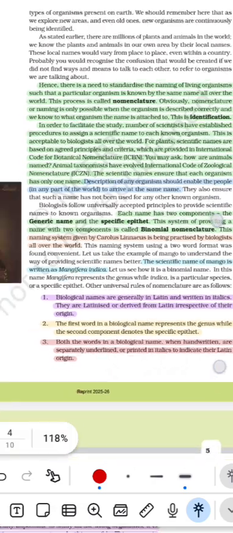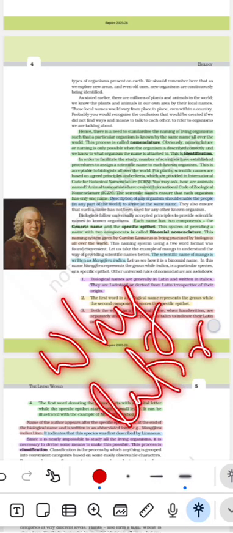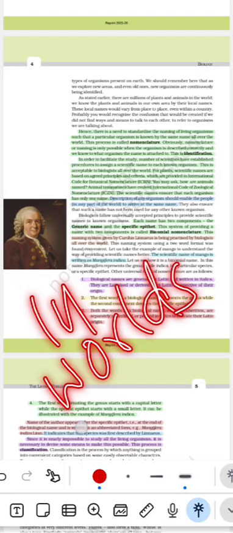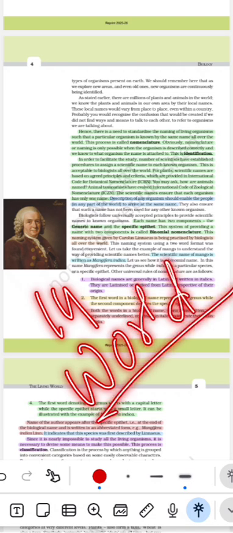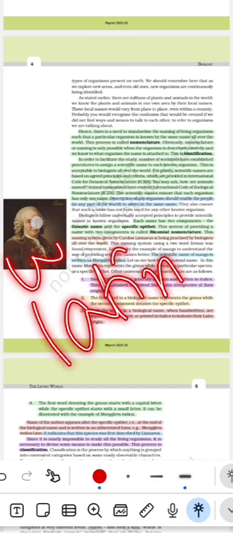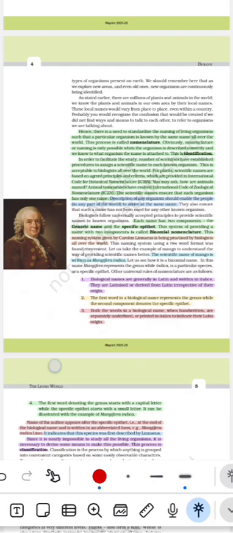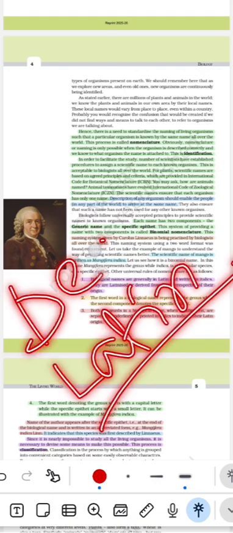You may ask why Latin is chosen for binomial nomenclature when there are many languages in the world. The answer is that Latin is a dead language.